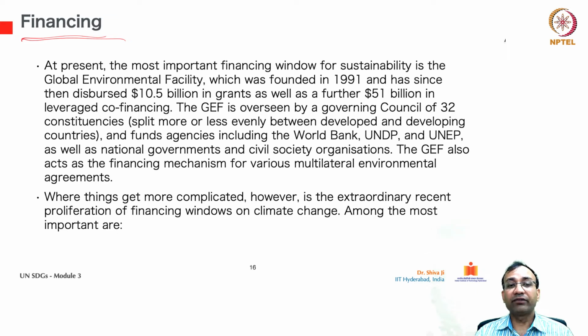The GEF, Global Environment Facility, is overseen by a governing council of 32 constituencies, split more or less evenly between developed and developing countries, and funds agencies including the World Bank, UNDP and UNEP, as well as national governments and civil society organizations. The GEF also acts as the financial mechanism for various multilateral environmental agreements.